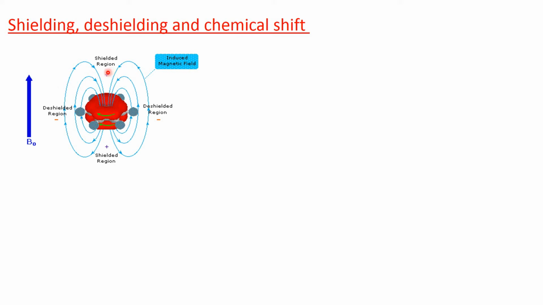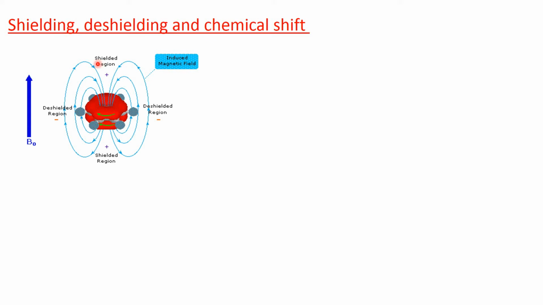Then for the flipping of the nucleus from the lower energy state to the higher energy state, it requires more magnetic field. That means flipping occurs at more external magnetic field. So deshielded protons absorb at lower magnetic field and shielded protons absorb at higher magnetic field.